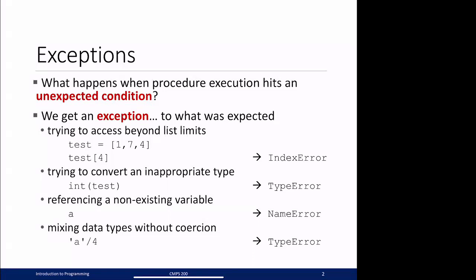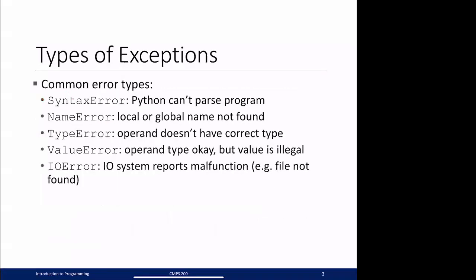Referencing something that doesn't exist: you have a variable A, you're using it in your program, but you never set it to a value in the beginning, initialized or instantiated it, then it's going to give you an error, and so on. For instance, dividing a string by an integer, again another type error. We've looked at these errors firsthand when we were running programs. We made some mistakes, and we just had to stop the program and fix these issues.